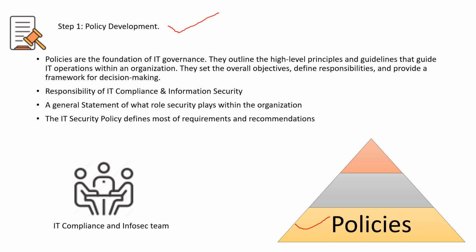Usually within an organization, there is an IT compliance and information security team, which will take into consideration the various frameworks and IT standards like ISO 27001 or NIST standards, and then based on that, they will draft a security policy which will give a general statement of what role security will play within the organization. It will define on a very superficial level the IT security requirements and recommendations for the organization.